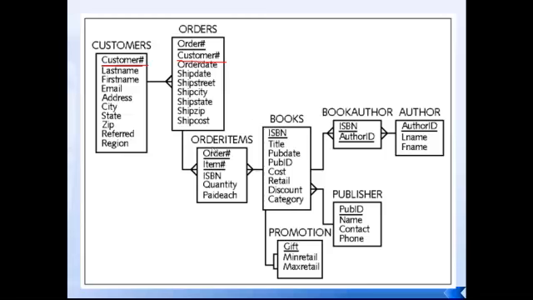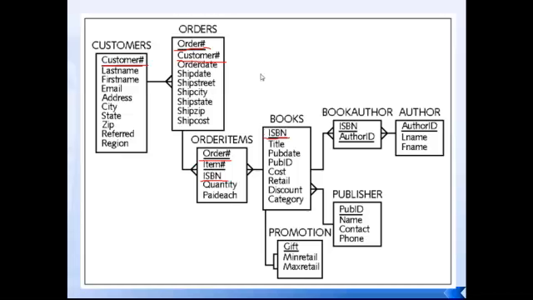We need to have the order number, because that is the field that joins the orders table with the order items table. We have to have the ISBN, even though we weren't asked for the ISBN, because that is the field that joins the order items table with the books table.